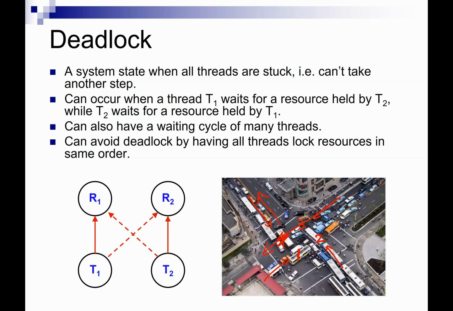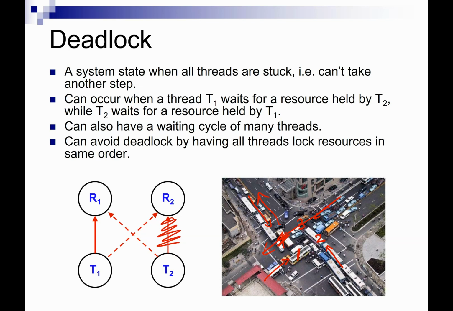So one way to avoid deadlock is for all the threads to lock the resources in the same order. Instead of locking R2 first, both T1 and T2 should try to lock R1 first. So T2 does not try to lock R2, it tries to lock R1.